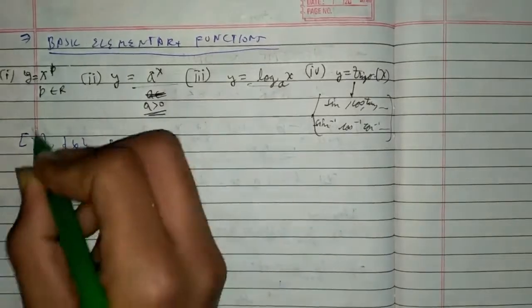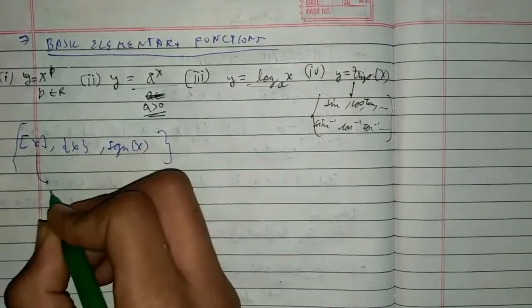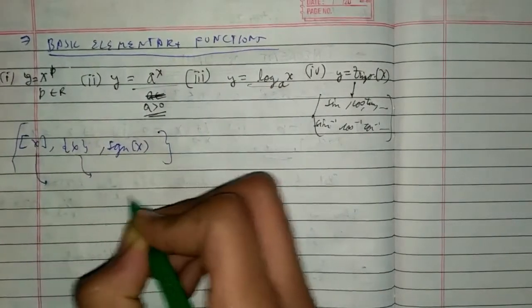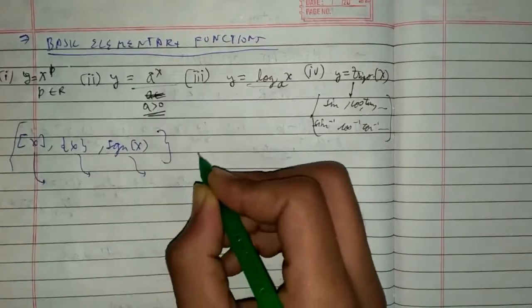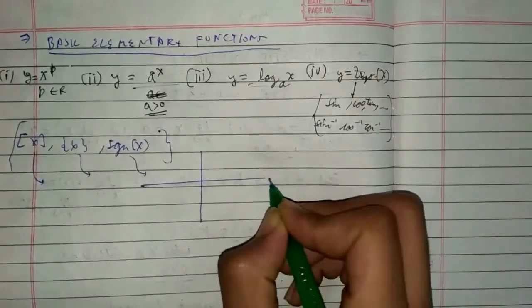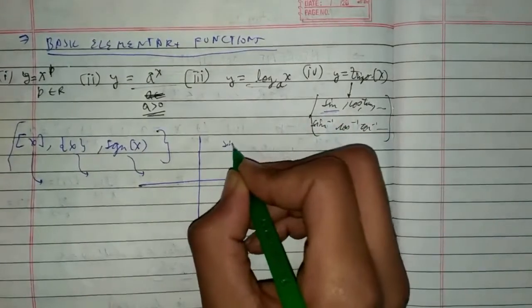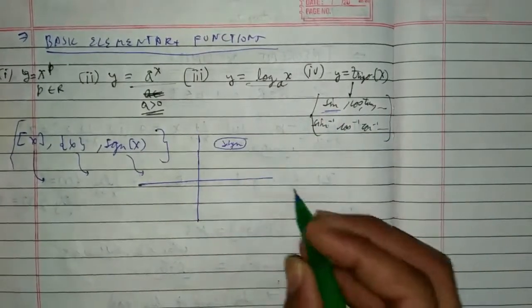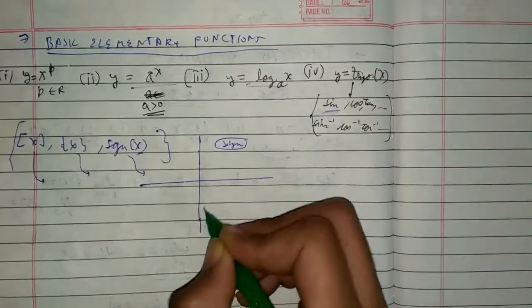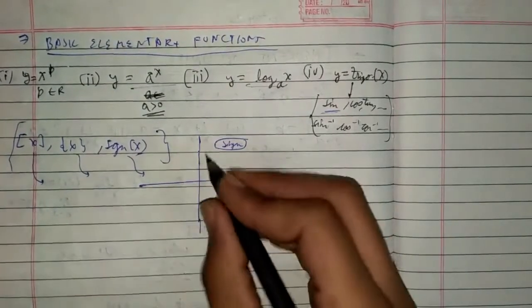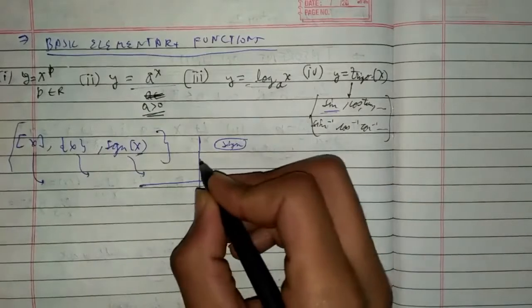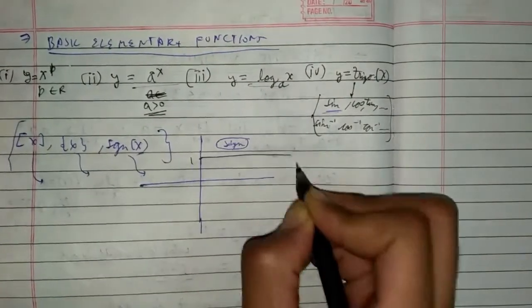For review, this is the greatest integer function. This is the fractional part of x, and signum x basically resembles the sign of x, that is whether x is positive, negative, or 0. The graph of signum x is like when x is greater than 0, its graph is y equal to 1.